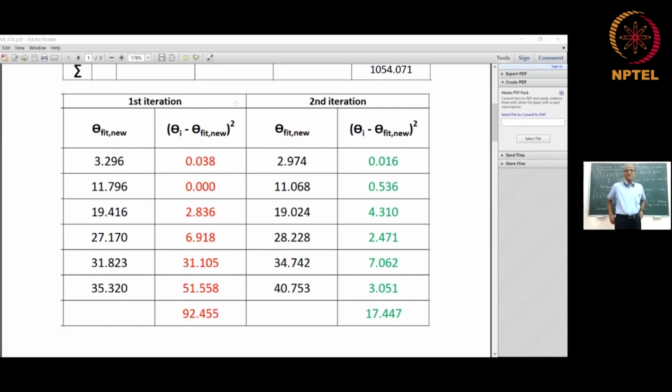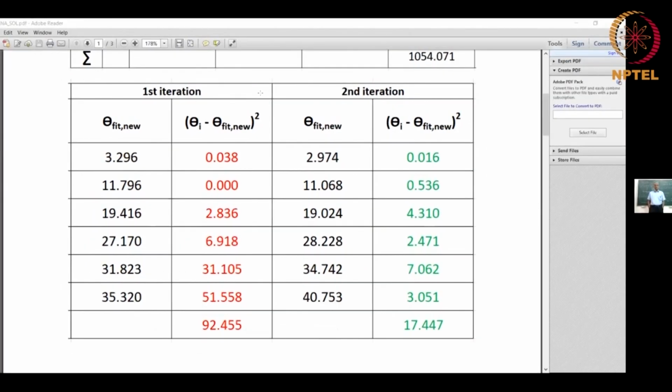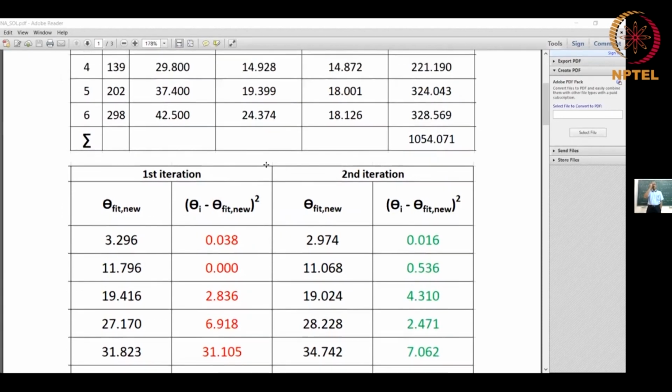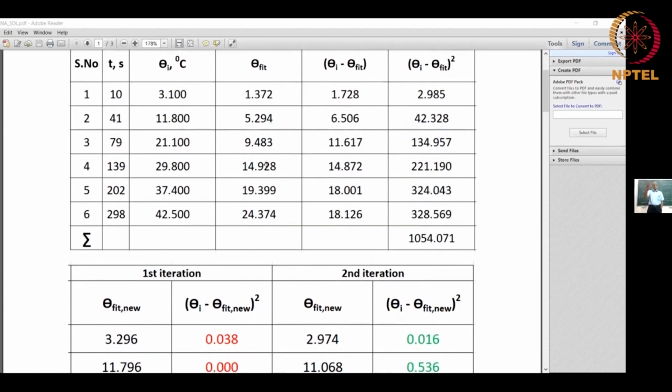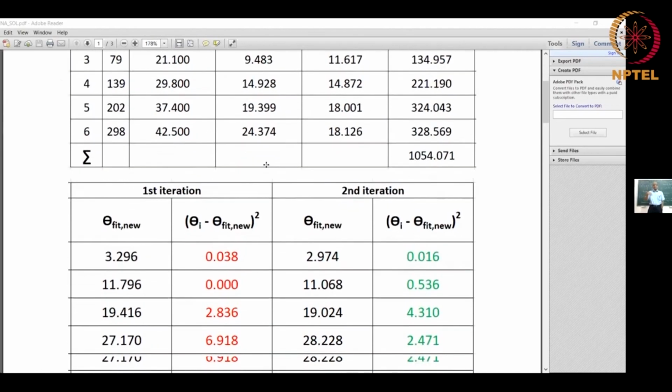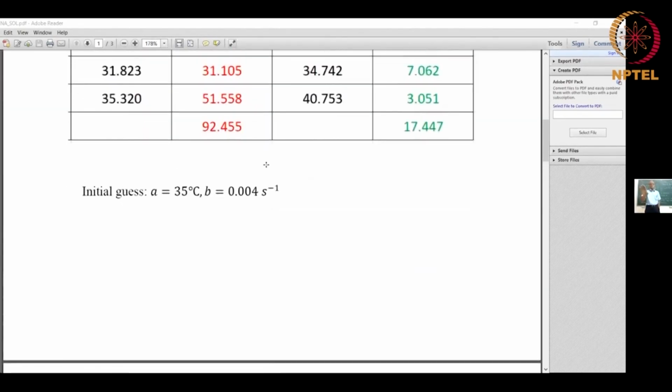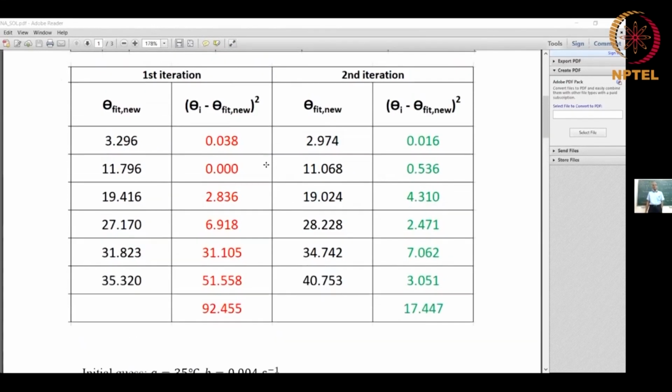Go to the second iteration. In the second iteration, theta fit is 2.9, 11, 19, 28, 34, and 40. Please look at the last column in green color.